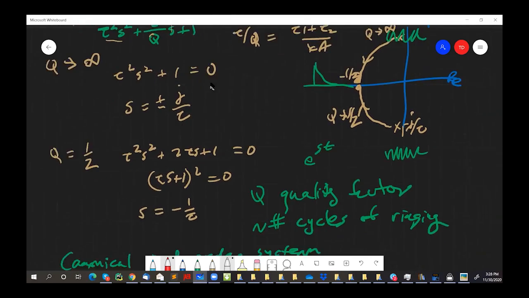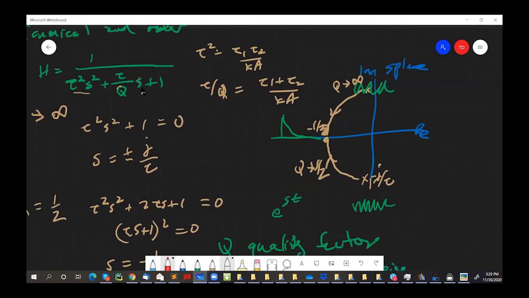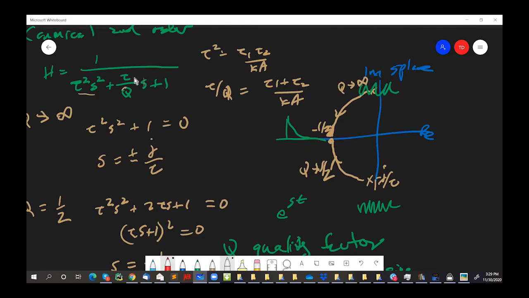Q describes how close to the imaginary axis the roots of this polynomial are. So if Q approaches infinity, like I said, the middle term of this polynomial goes to 0, right? Can you see my mouse? Yes. So the middle term goes to 0. If the middle term of this quadratic goes to 0, then s must be an imaginary solution, because otherwise there's no way that tau squared s squared plus 1 can equal 0.